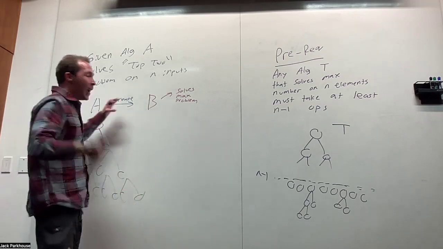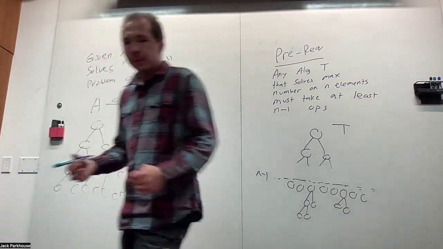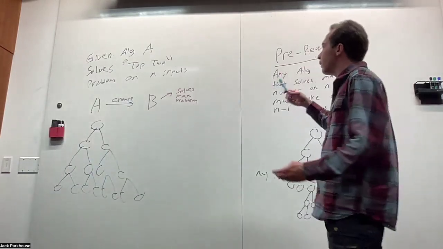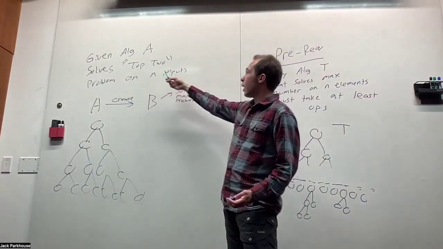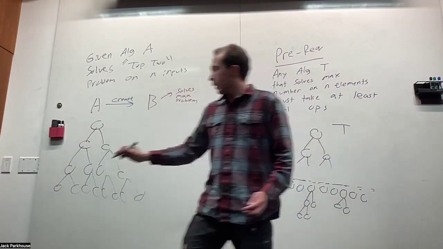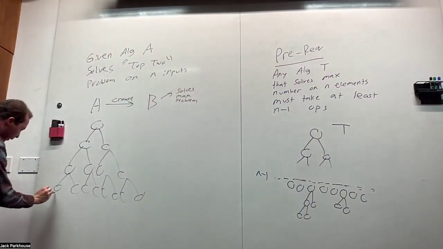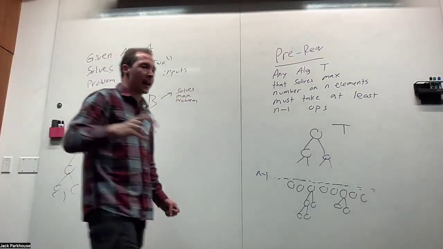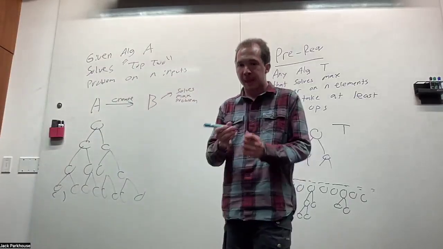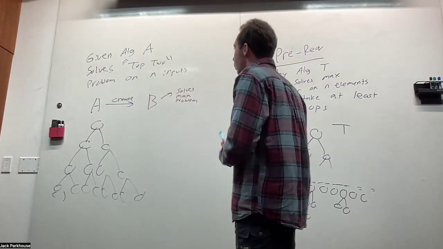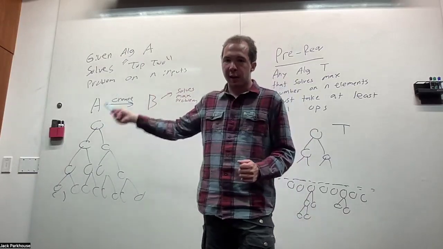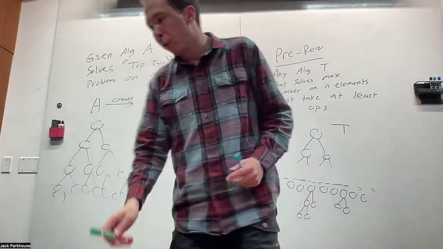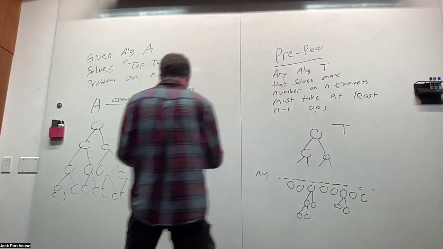A has some binary tree algorithm that it uses to solve the top two inputs. And for each one of these, remember, these leaves output some sort of index, or two different indices, i and j, for the top two. And here's how we're going to use A to solve the max problem.